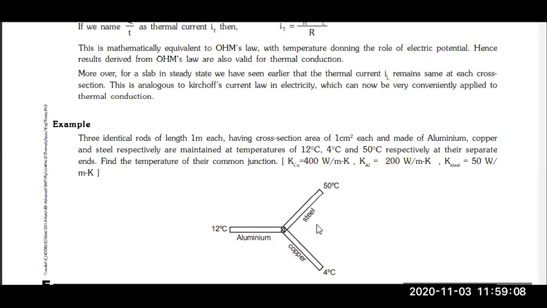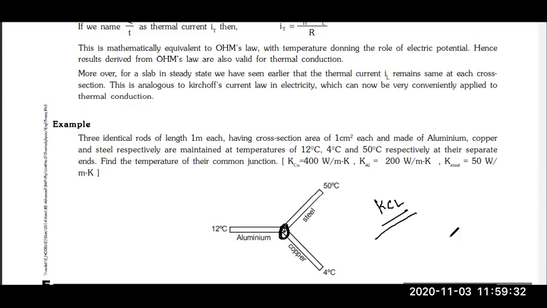Now let's try to think about the problems. For example, this problem. Tell me, which concept of electric current can be used in this problem? Can I use KCL here? Kirchhoff's current law, the junction law, yes. So I can say that the net current at this junction should be 0.